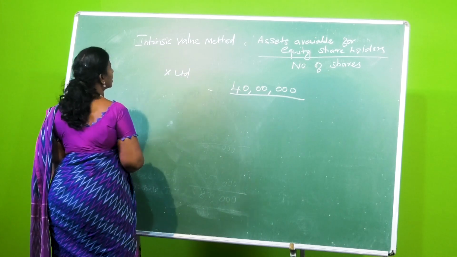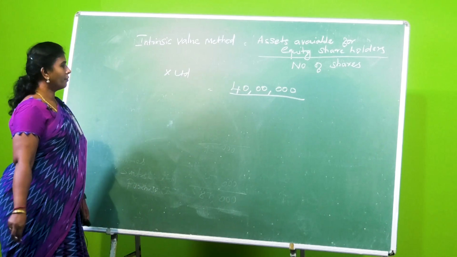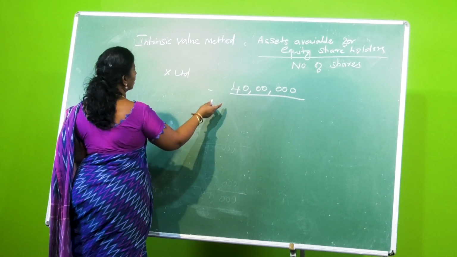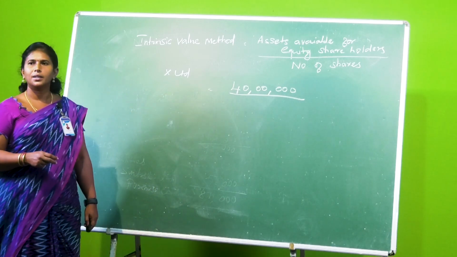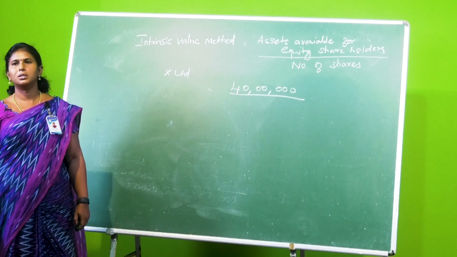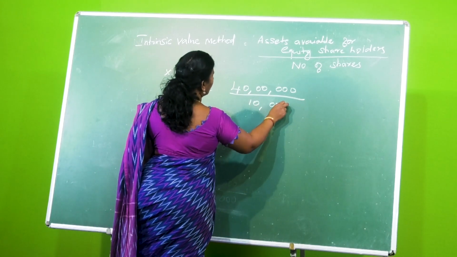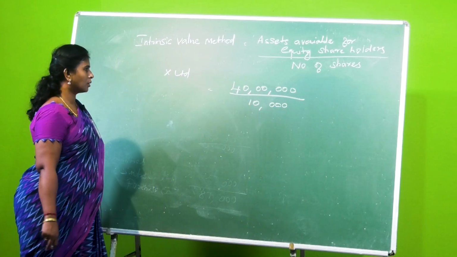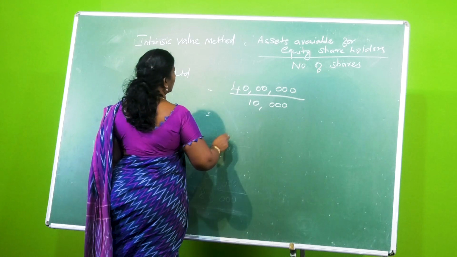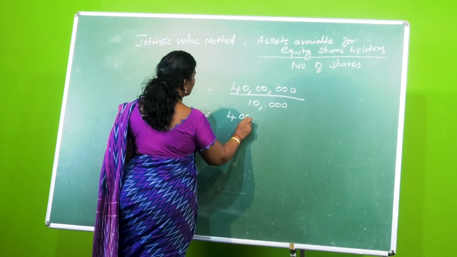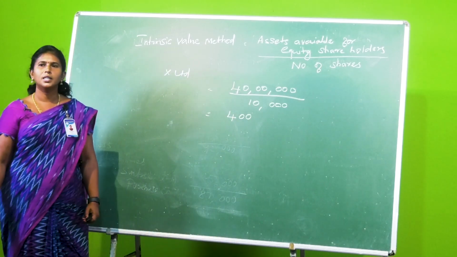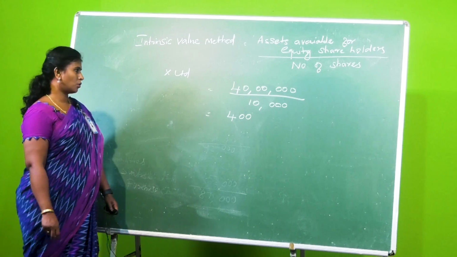So the intrinsic value of X Limited is 40 lakhs divided by the number of shares in X Limited, which is 10,000. So the number of shares in X Limited is 10,000, and the face value of X Limited is 400.